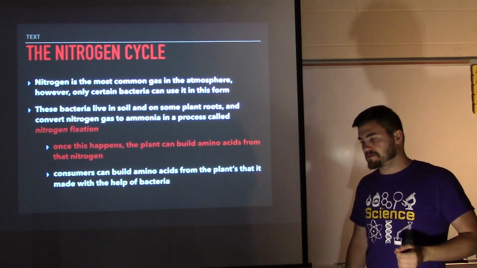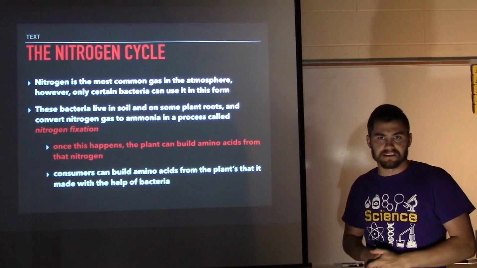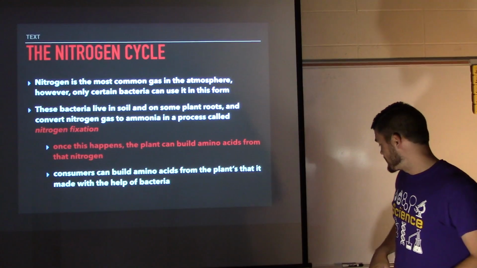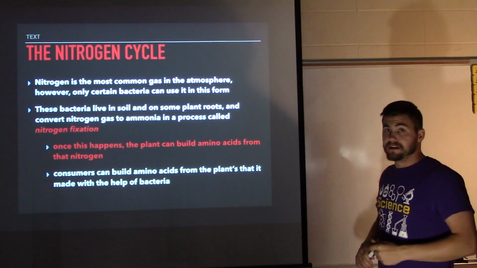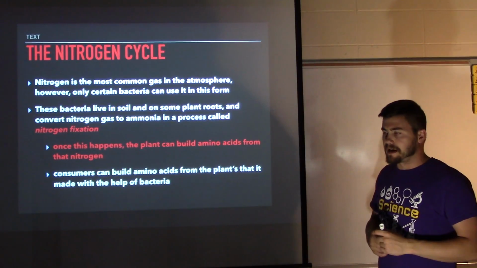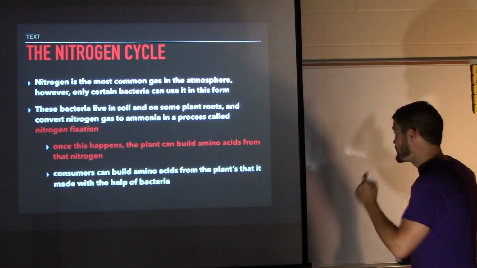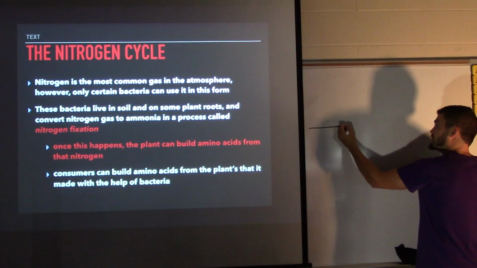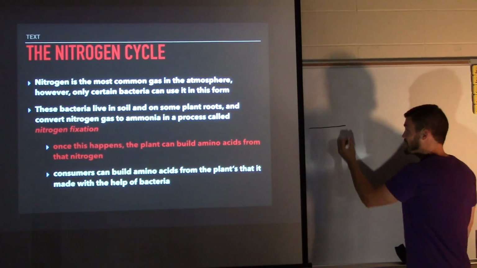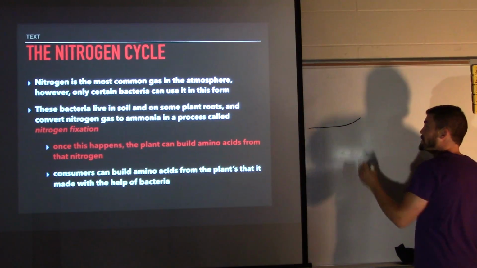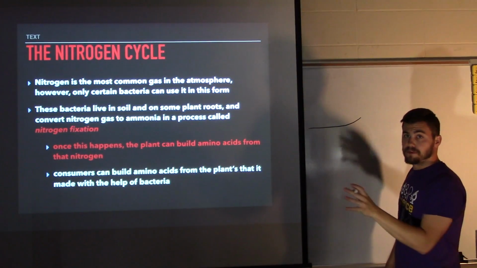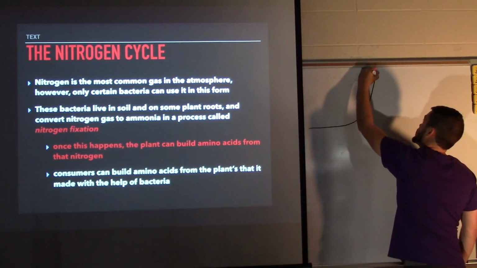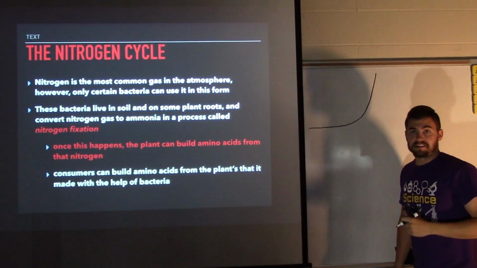And then us consumers, well, without the plants, we can't get a steady supply of nitrogen. Now, for the longest time, and this was talked about in the very first discussion we did when I went over the history of science, Earth's population was pretty much flat all the way until around the middle of the 1800s, which was the first time the world population ever reached 1 billion people, and it's just gone up and up ever since then.